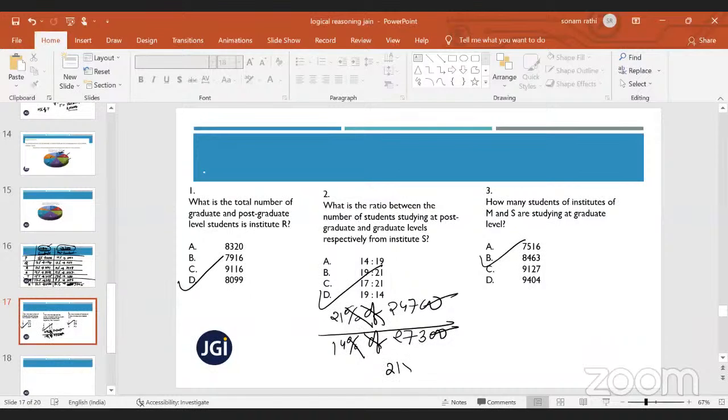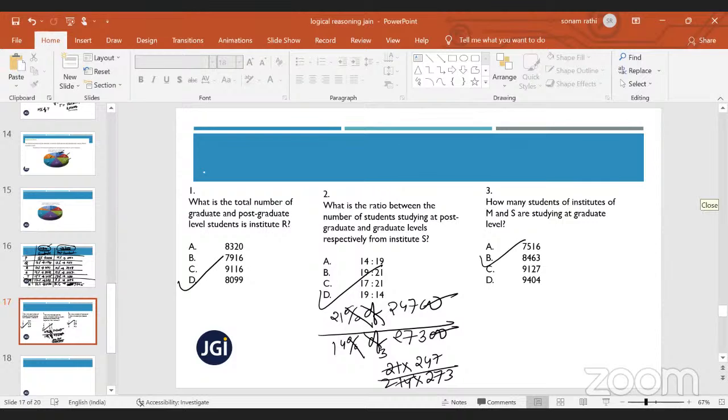So 21 into 247 upon 14 into 273. 7 3s are 21, 7 2s are 14, and then you have to divide and calculate. There is no other way to do it. When you calculate it, it will be 19 by 14. So you do the calculation.